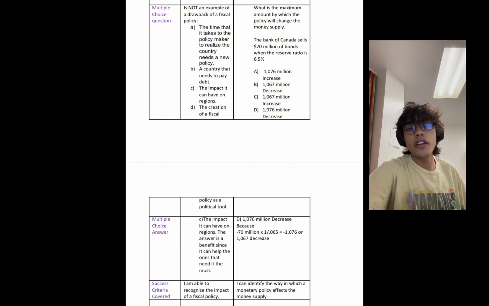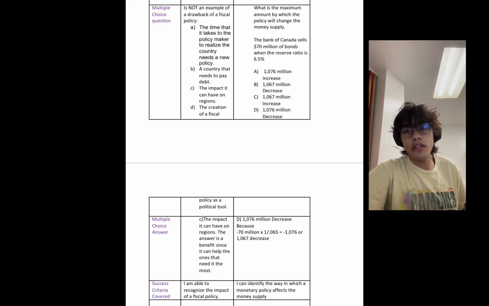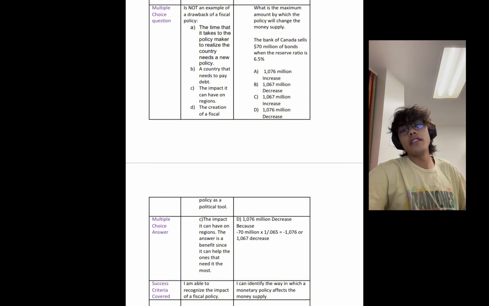For the multiple choice question, you need to calculate the maximum amount by which the policy will change the money supply. So you need to calculate the amount that is being sold, then multiply it by the money multiplier.